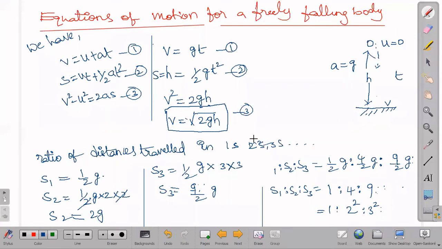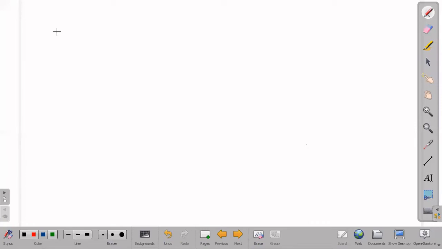Right. Next we will do one more thing. What is the distance traveled in the first second, second second, third second? So if we do that, what do we get? We'll see. Here for the same freely falling body, if we write the distance traveled in nth second, we already have the formula: S nth second is equal to u plus a into n minus half.